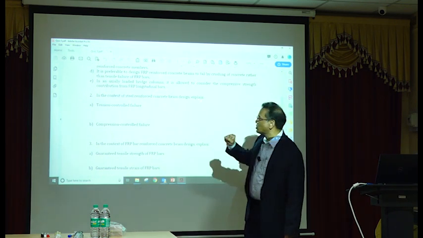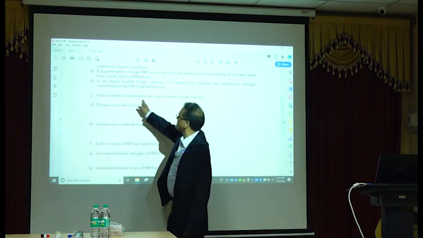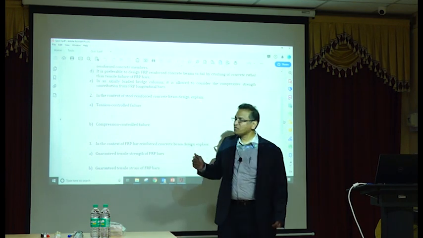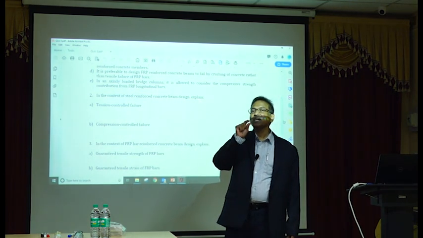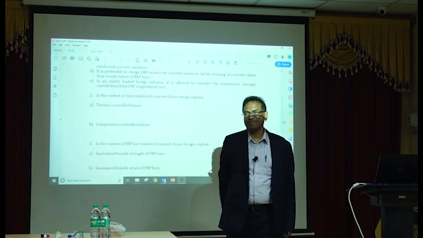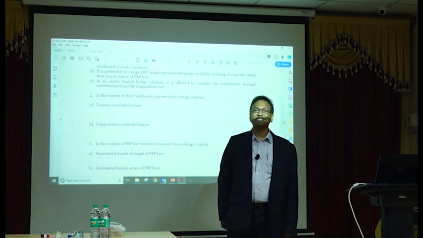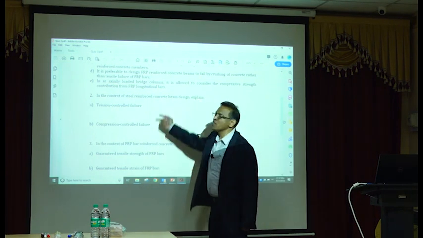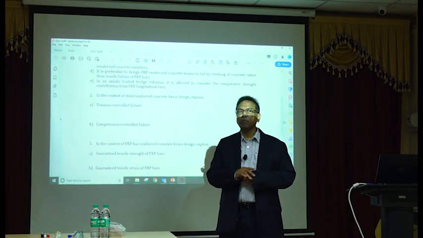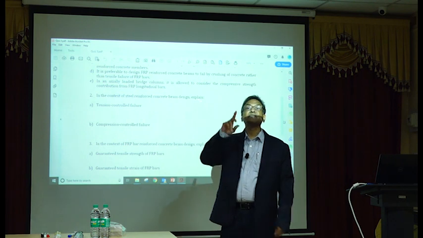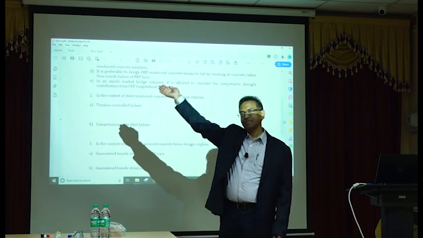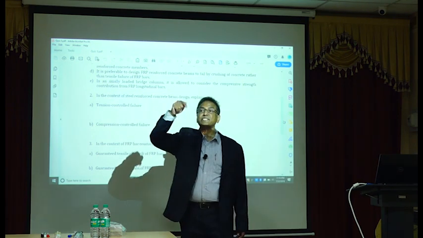In case of steel reinforced concrete beams, tension control failure and compression control failure both relate to strain in the lowermost layer of steel. For tension control condition, it's 0.005, which we all agree. Somebody said 0.0035. That's the strain in concrete at crushing. So we are not looking at concrete strain. We are looking at steel strain.